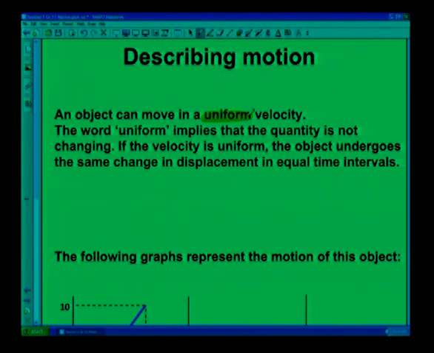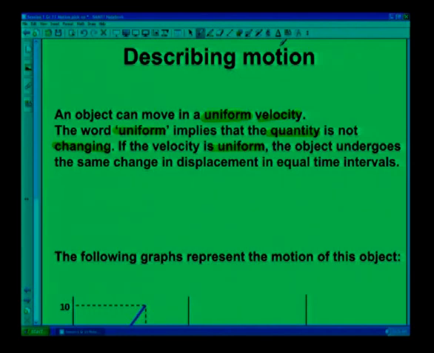Now, what does the word uniform mean? The word uniform implies that the quantity that is being referred to is not changing. So in this case, if it is velocity, it means that this velocity is not changing. So that is what the word uniform means when you read about it in text and other things in science.